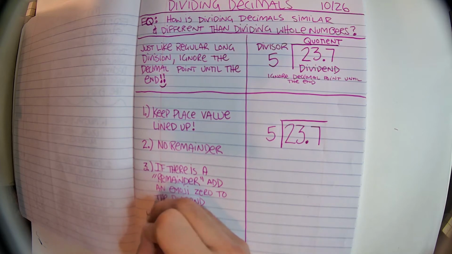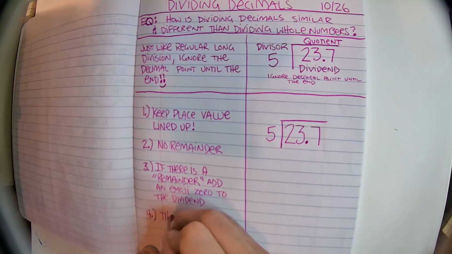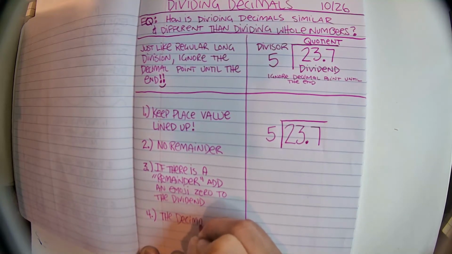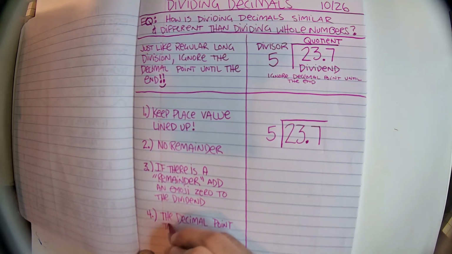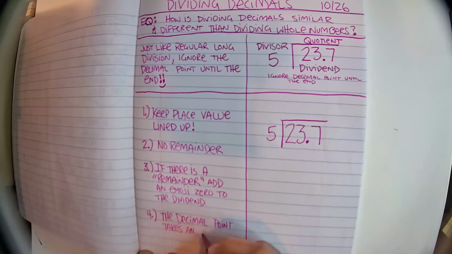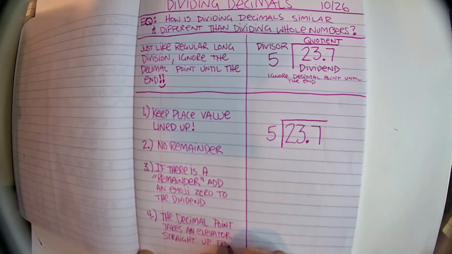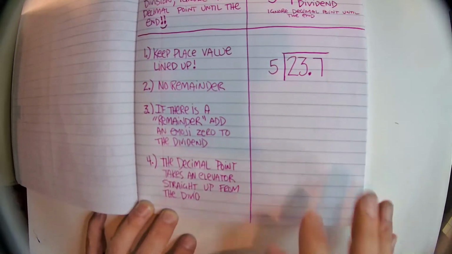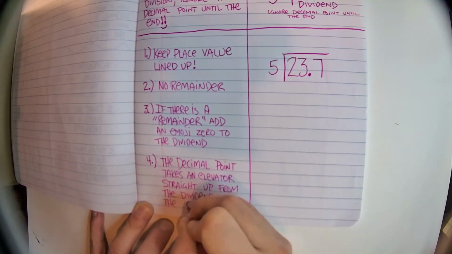All right, and then finally, don't forget that the decimal point takes an elevator straight up from the dividend to the quotient.